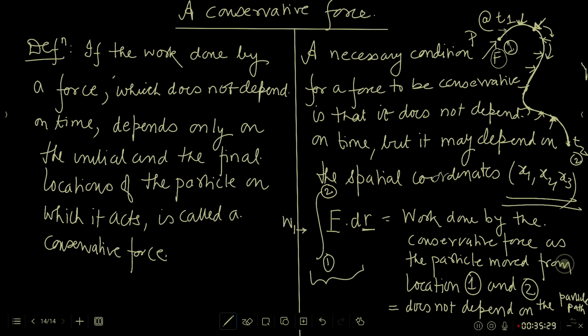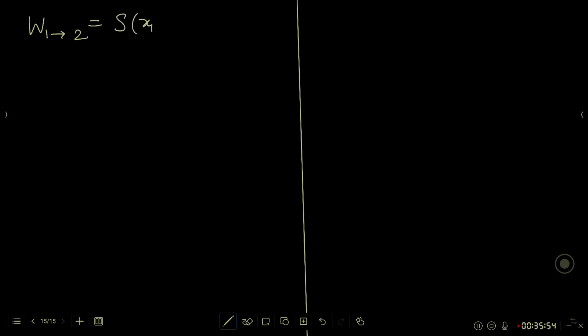So I am going to write W12 as the difference of the value of a scalar function, where the initial location 1 had coordinates x1, x2 and x3, and the final location has coordinates x1 prime, x2 prime, x3 prime. This is a function.